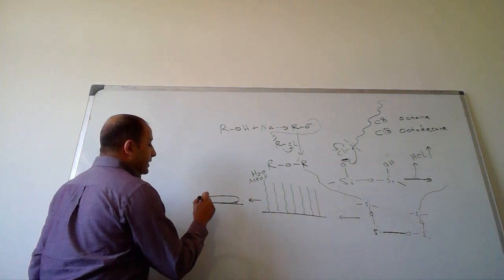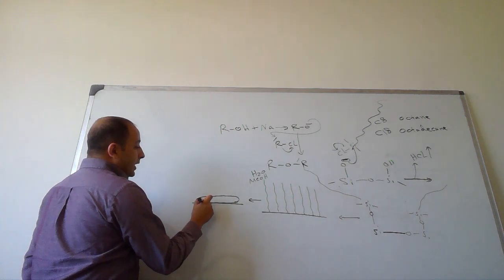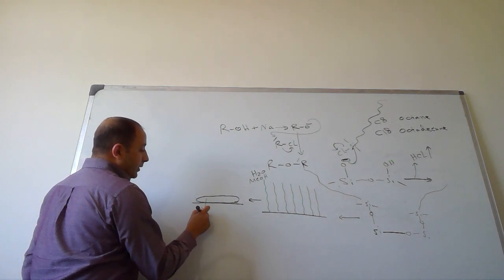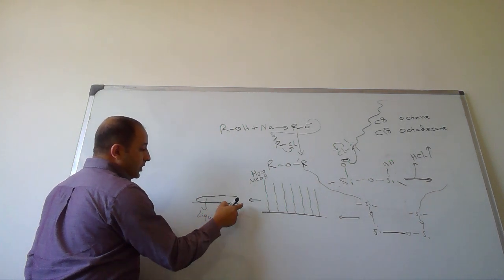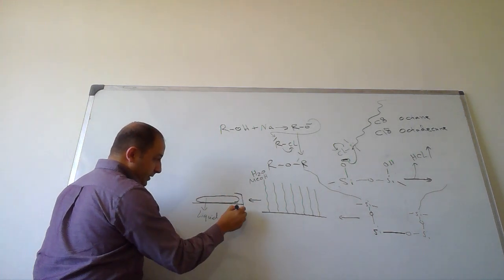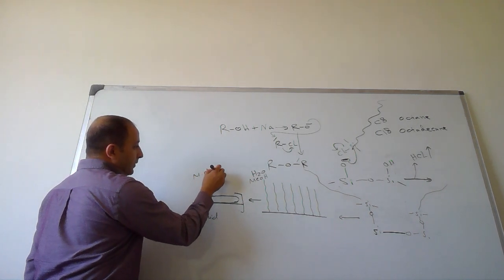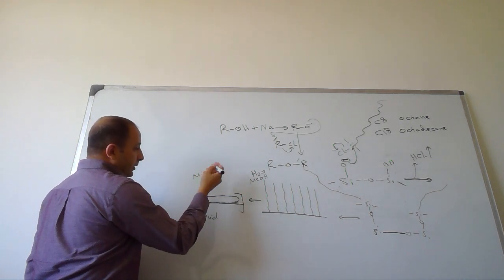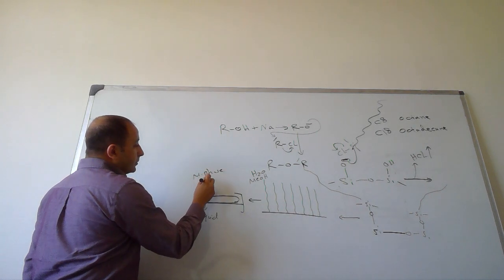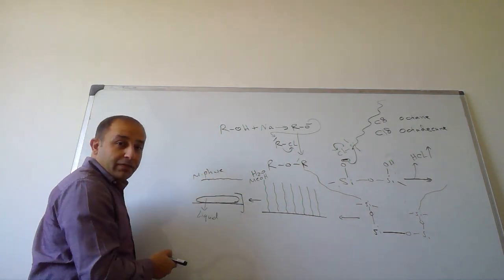And in this case, the compound will partition between the liquid over the stationary phase, and it is part of the stationary phase, as well as the mobile phase. Mobile phase is liquid or fluid, such as gas. So we have fluid here and we have fluid here.